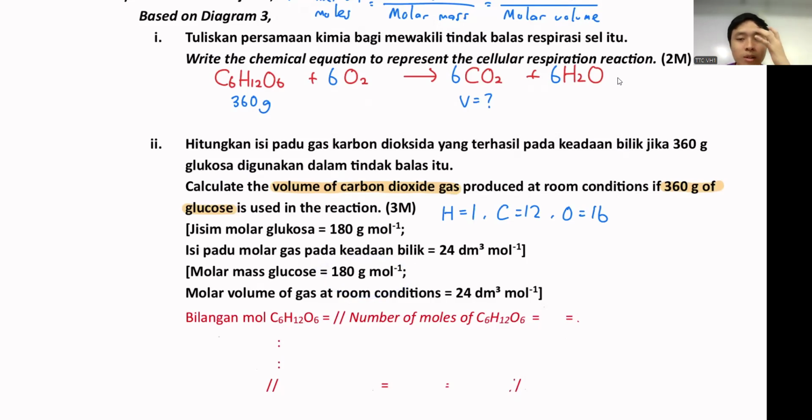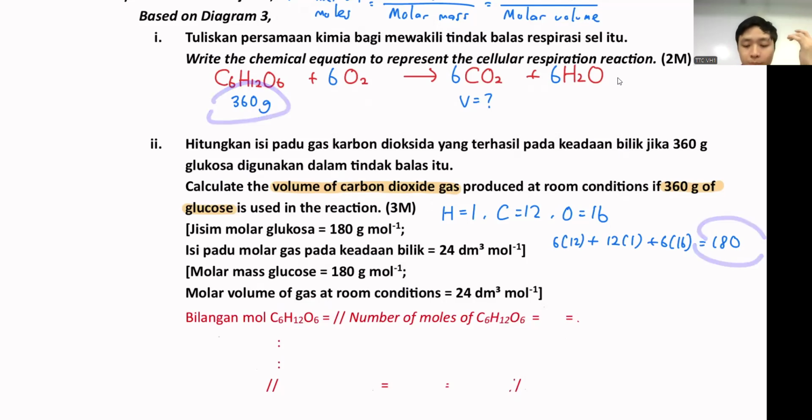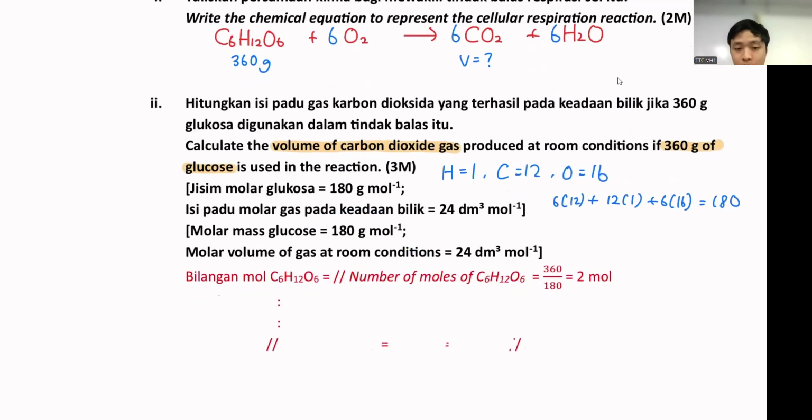Then you have to add together one by one. Because the formula is C6H12O6, you will get 6 carbon is 6 times 12 plus 12H means 12 times 1, plus 6O means 6 times 16. Then add together, you get 180. Then you use 360 divided by 180. But since they already give it, you just put it in straight away. You should get 2 mole.